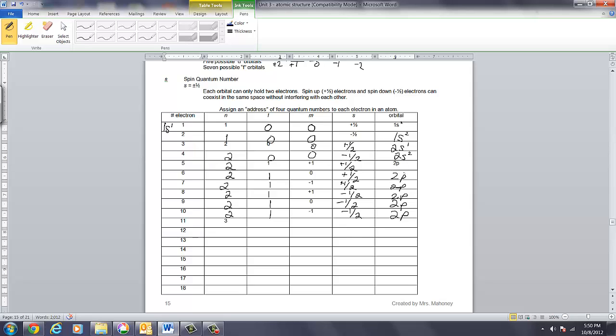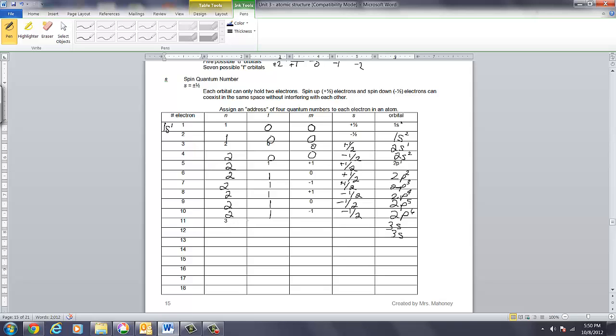So after the 2p, what are the next electrons we go into? 3s. These are all going into the 3s orbital. And again, if you want to label which specific electron, we can do that. That was my first electron, second, that's my third, fourth, fifth, that was my sixth.